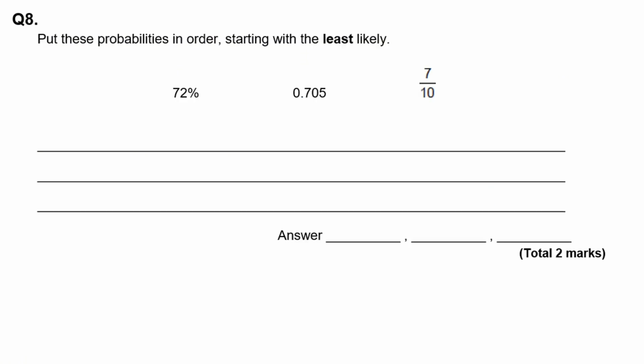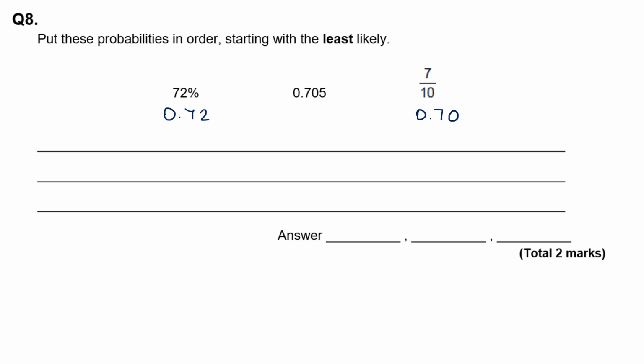Question 8, put these probabilities in order starting with the least likely. So I'm going to convert them into decimals. 72% is 0.72. This is 0.705 anyway. 7 out of 10 is the same thing as 0.7 or 0.70.